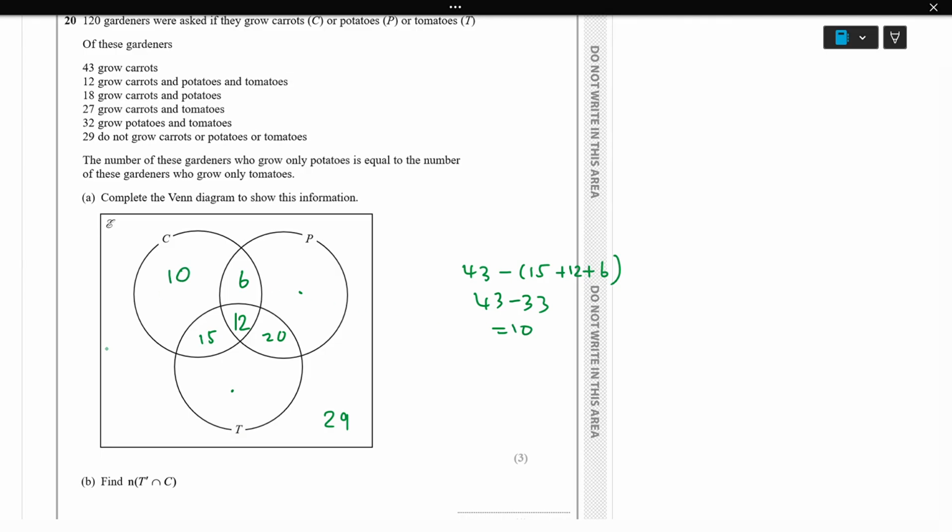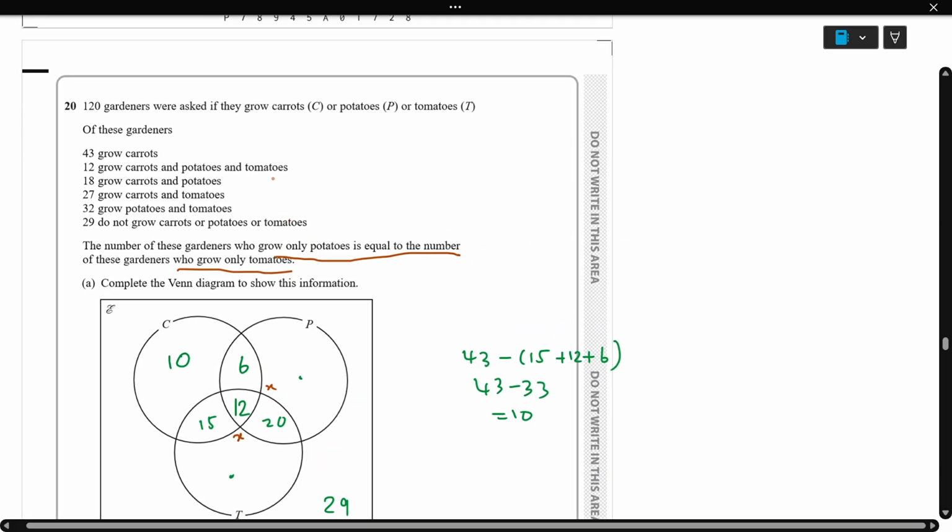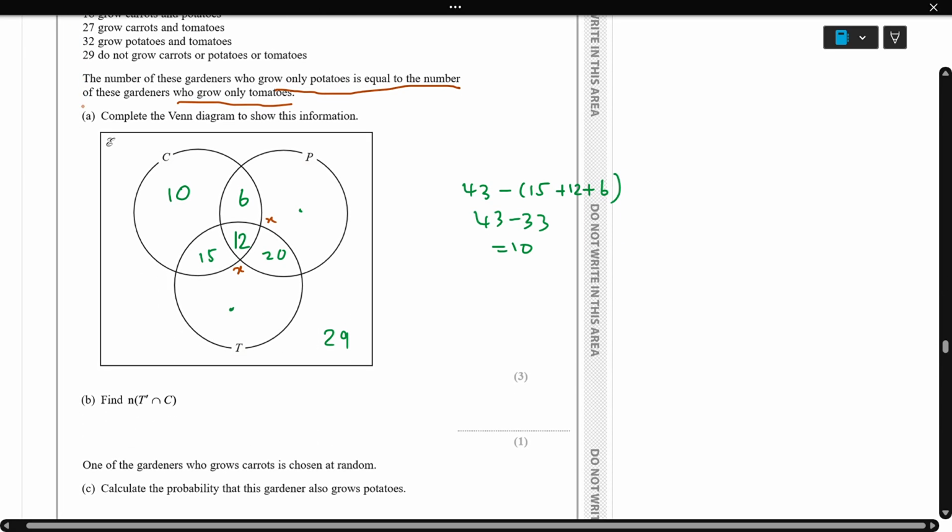Only carrot is going to be 10, because the entire thing is 43 and the rest, 6, 12, 15, are already inside the carrot. Now these two parts are the same, so I'll take them as x and x, as given: the number who grow only potatoes equals the number who grow only tomatoes. When we add up everything, there are 120 gardeners.